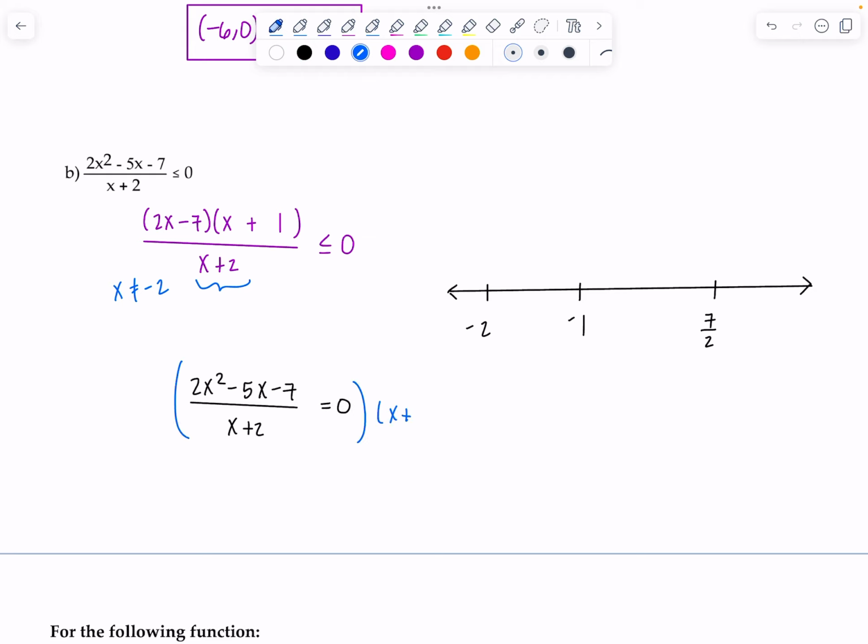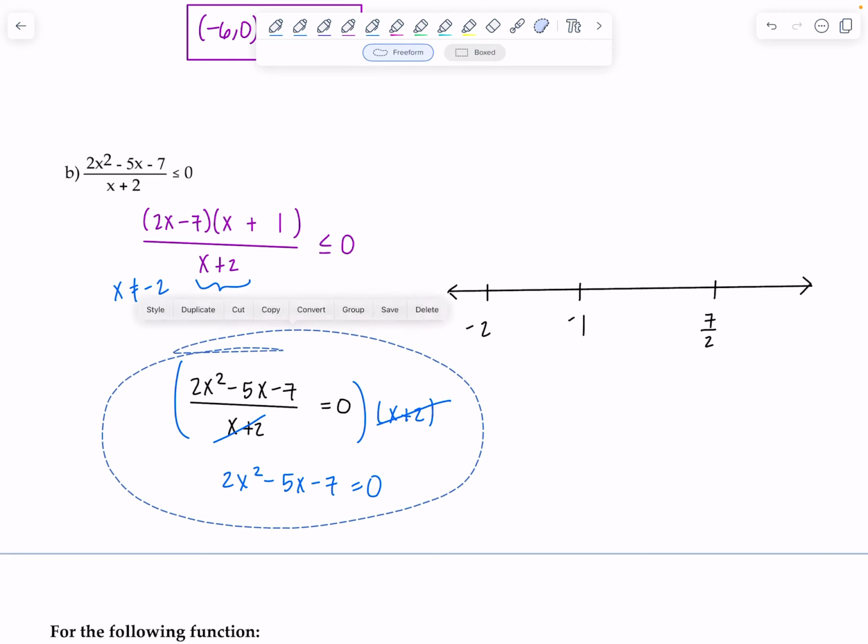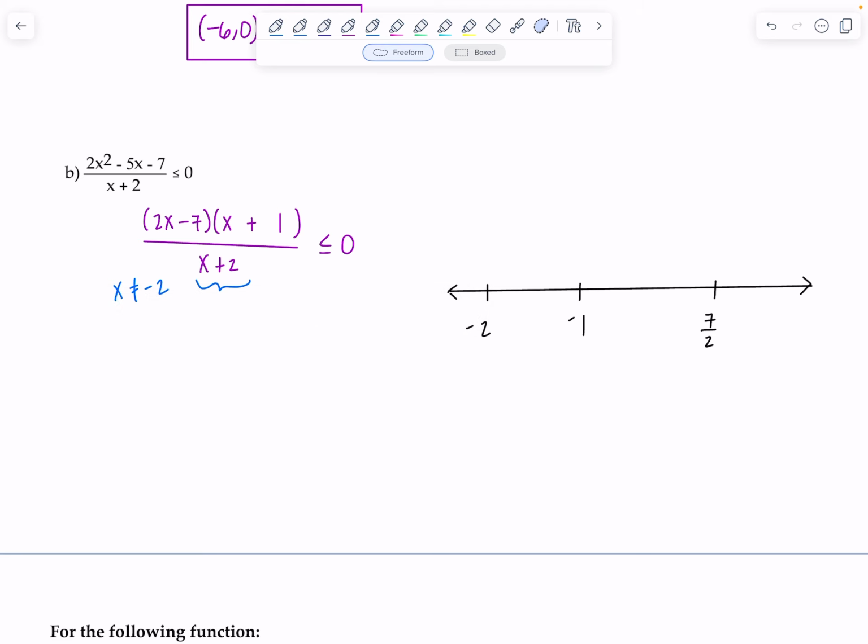Multiply everybody by x plus 2, right? And then you just have 2x squared minus 5x minus 7 equals 0. And all is well. But in an inequality, you're not allowed to do that, unfortunately. So they just take more care. I just think of inequalities as high maintenance, you know? We can't do the things we do with equations.